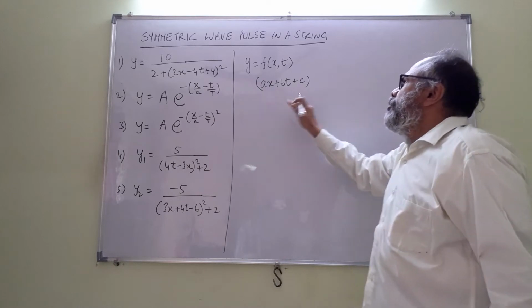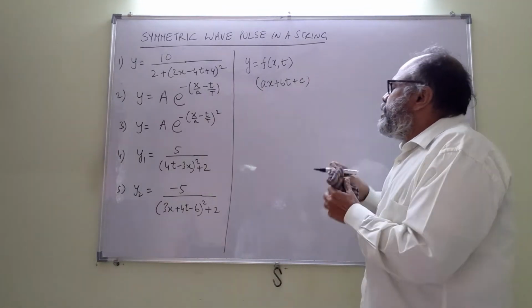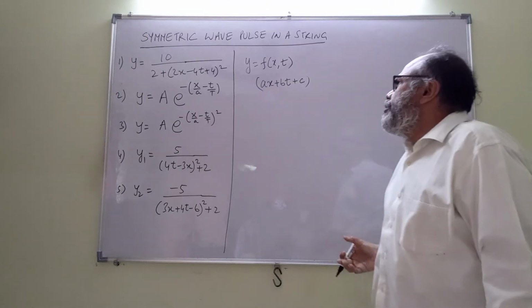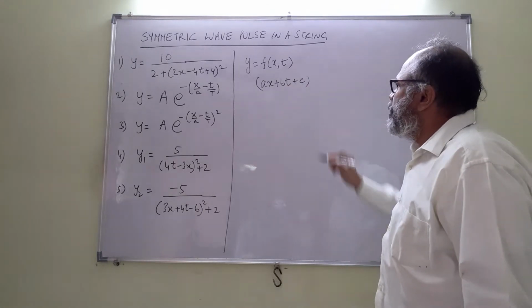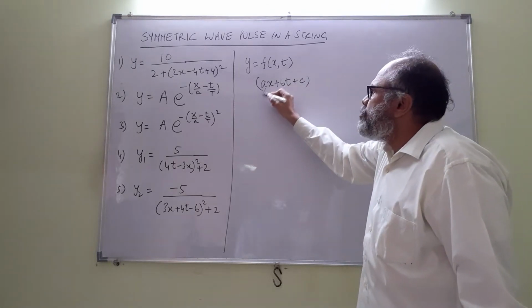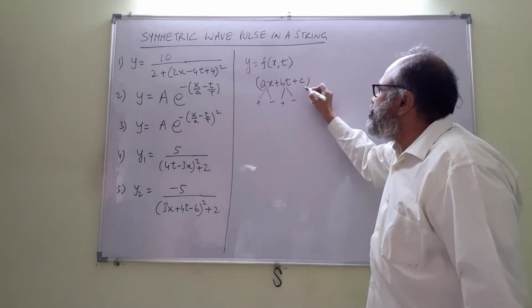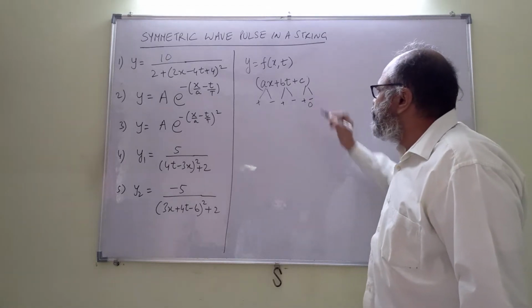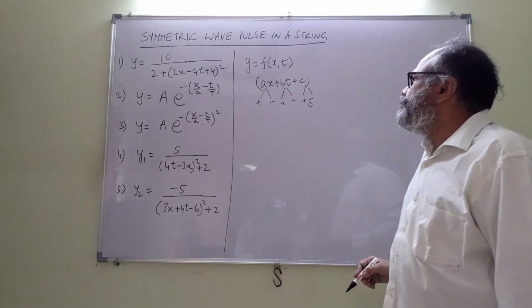Yes, this could be squared or whatever, but x and t figure in this linear combination ax plus bt plus c. a could be positive or negative, b could be positive or negative, similarly c could be positive or negative, or c could be 0 as well. But a and b cannot be 0.